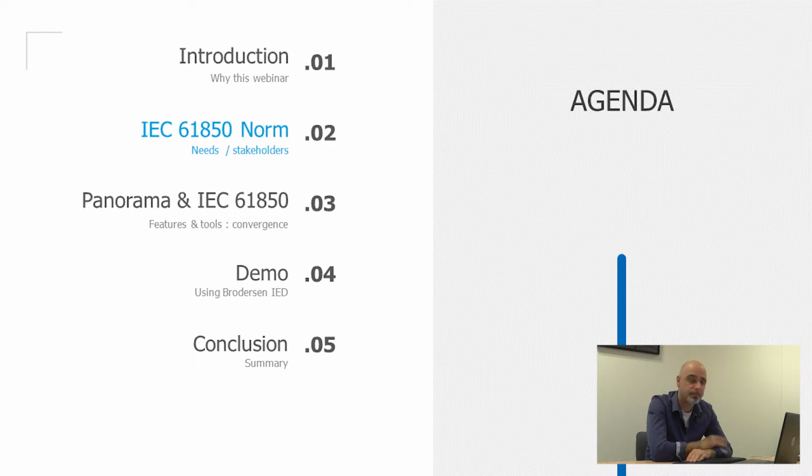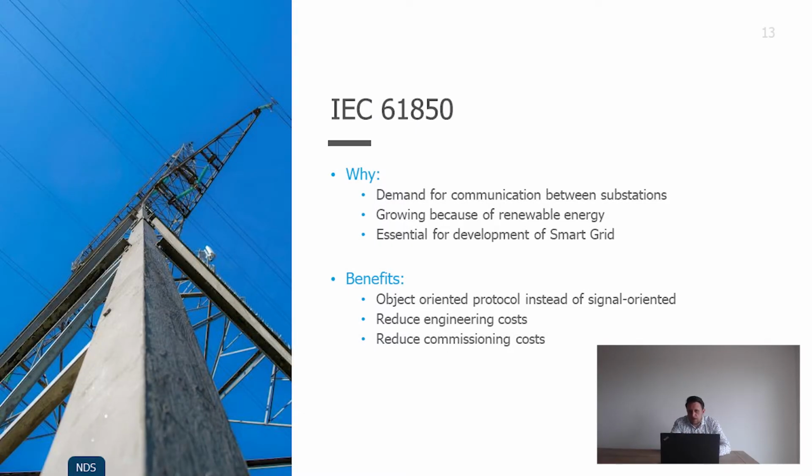So, Niels, it's you. Yes, now let's have a look at why IEC 61850 is needed. Well, let's start with a small example. First of all, imagine having hundreds of manufacturing plants spread all around the country, and they all use different brands of communication devices, utilizing a wide range of different protocols.